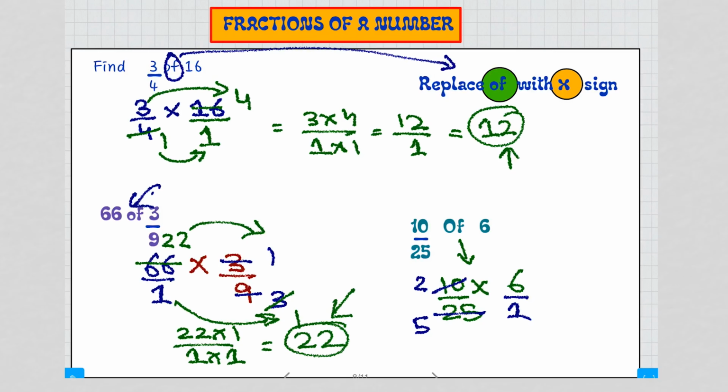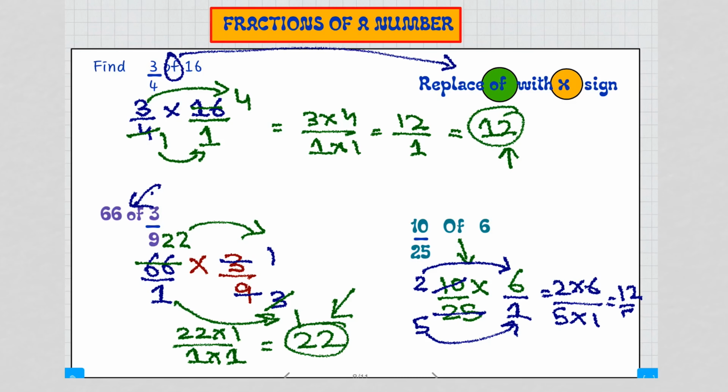Now numerator with the numerators, 2 times 6, denominator with the denominator, 5 times 1, it gives us 12 over 5. So that's how you do or find fractions of a number. So please replace the of sign, which stands as a multiple or a cross sign in maths. So 3 over 4 of 16 or anything, wherever you see an of sign, you can replace the of sign with a multiplication sign, please.